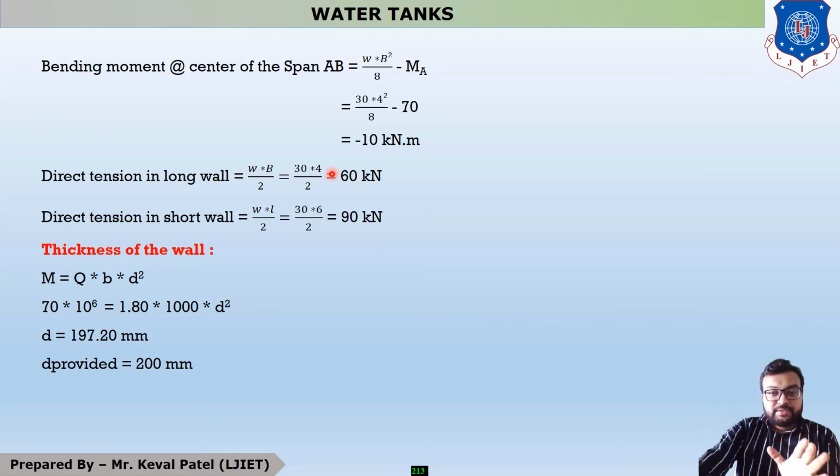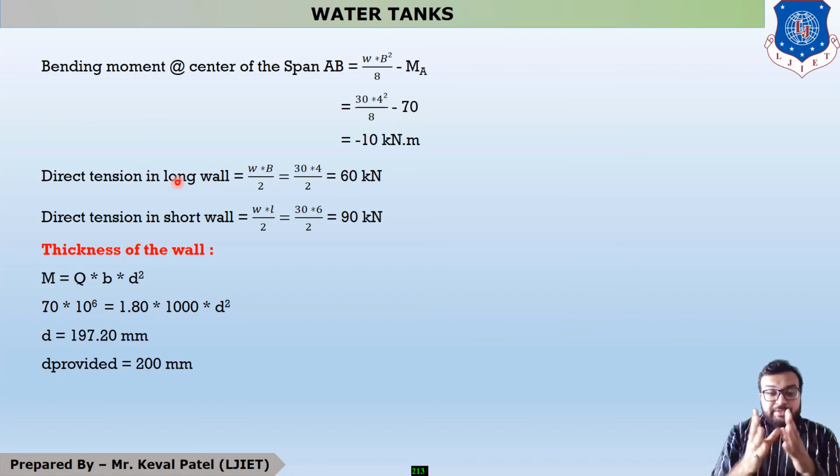So you will get your answer plus 60. And for direct tension in short wall, the equation is WL by 2. So the answer is 90 kilonewton. So these are the most important points in which we have to find out a direct tension.